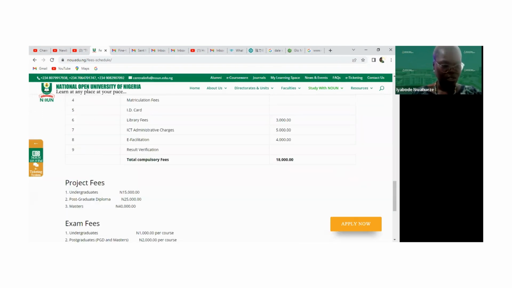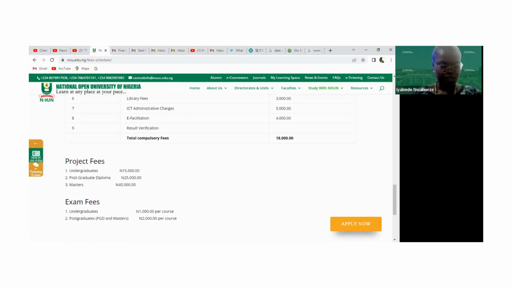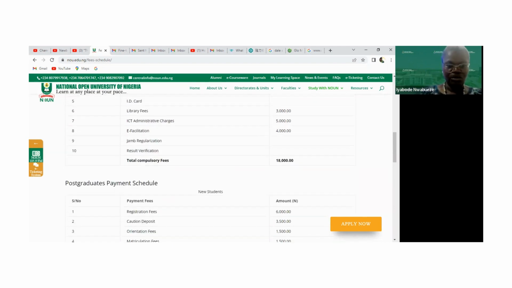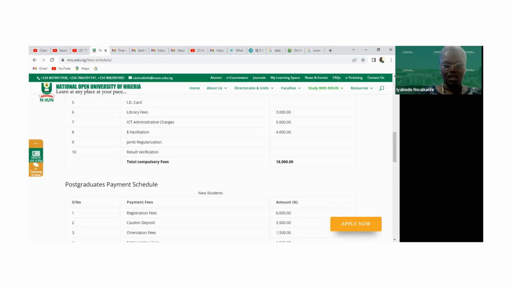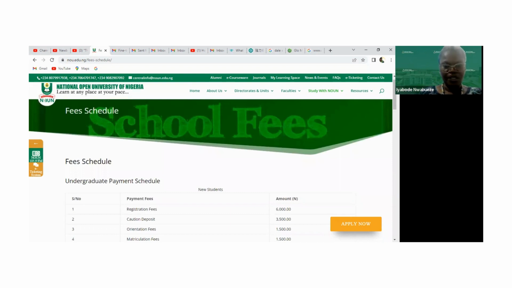I'm trying to see where it is hidden here. I'm seeing only the examination fees. So the basic fee is not what you pay for course registration. Each course that you are taking, you have to pay for when you are registering it.